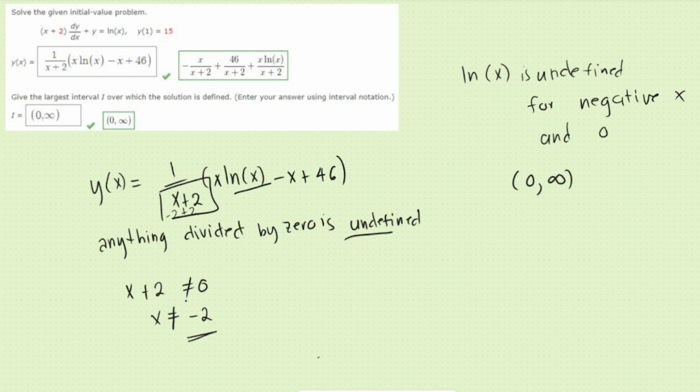Since negative 2 is not included here, we can neglect this one. So we will use this as our largest interval over which the solution is defined. We will not include the negative numbers. We will not include 0, because if 0 is included, then this will be different, but 0 is not included in our interval, so this is correct.